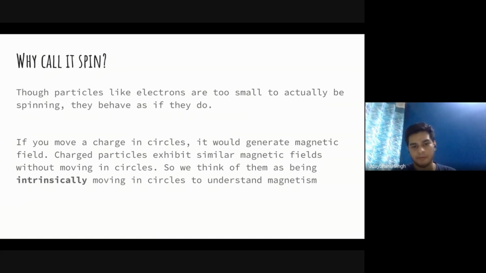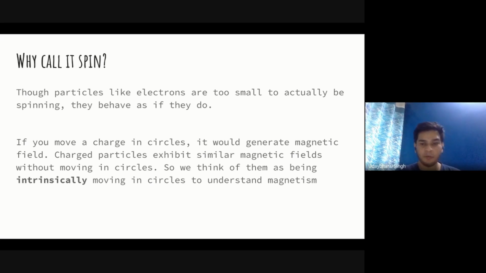But then that theory came up, which I explained earlier, that for something so tiny to actually move in circular motion and spin and generate a magnetic field, they would have to move at speeds that often exceed the speed of light, which is known to be the speed limit, right?